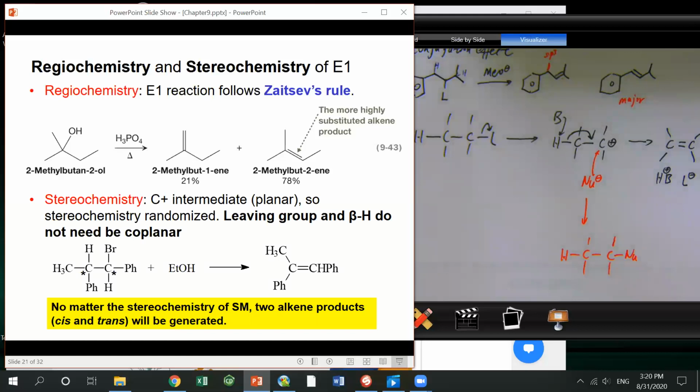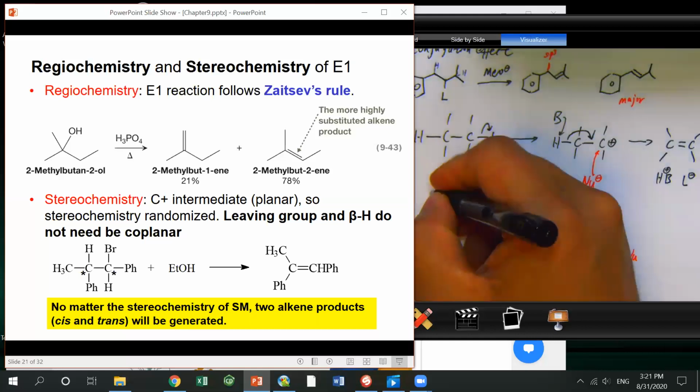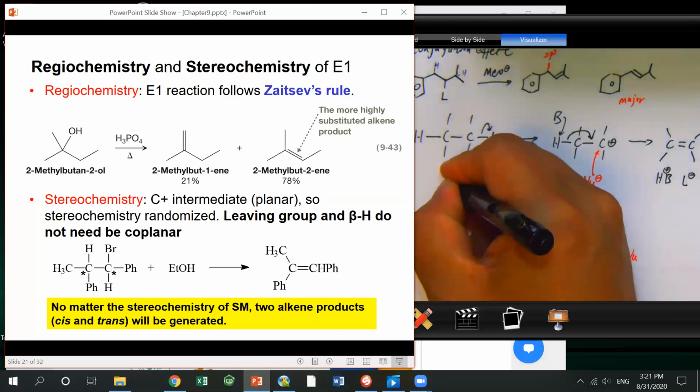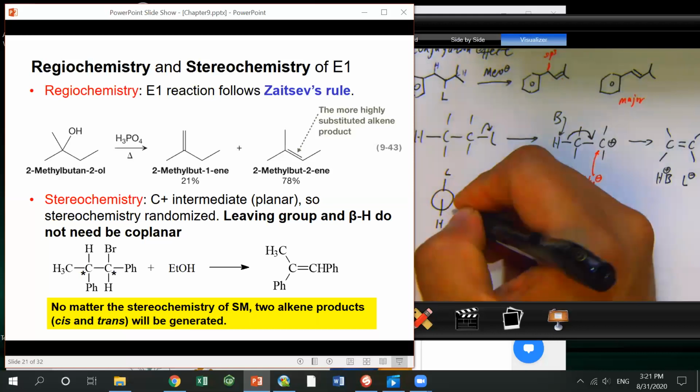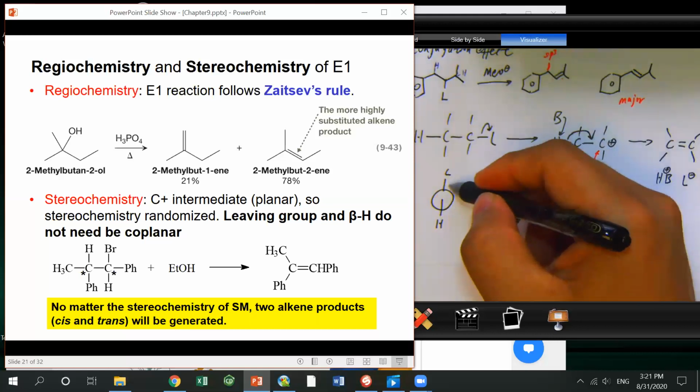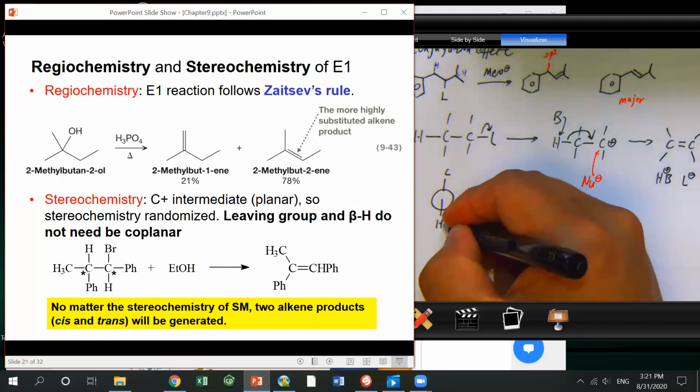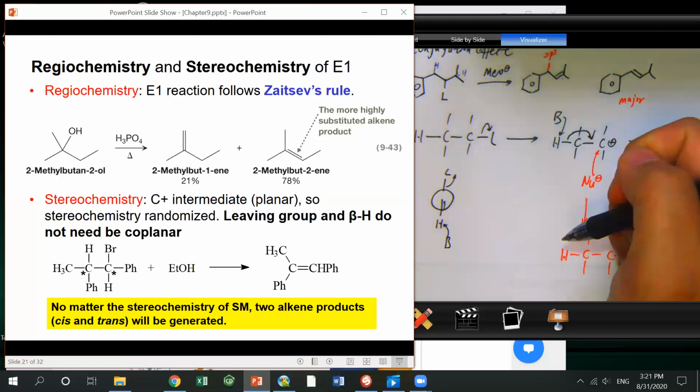And for the stereochemistry, it's also similar to the SN1 reactions. Because you generate a carbocation intermediate, the stereochemistry is randomized, so you don't need the anti-coplanar arrangement. Remember, we talked last week that for the E2 elimination, the leaving group and beta hydrogen have to be anti-coplanar, so the base can come in in one shot and get everything done in one step.